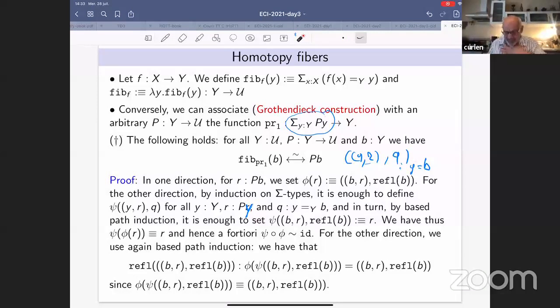So the idea is that if Y coincides with B, then this R is an element of PB. If Y is not B, it is still equal to B, and hence these elements of this component py are very much related to pb.